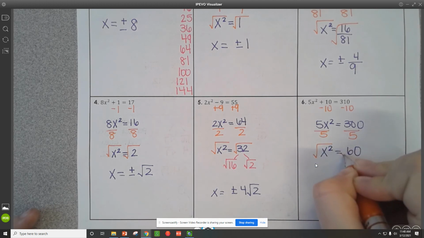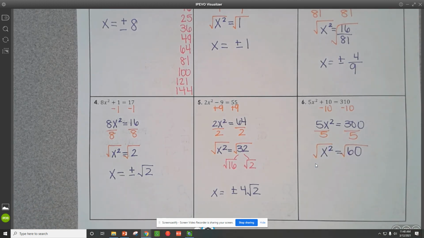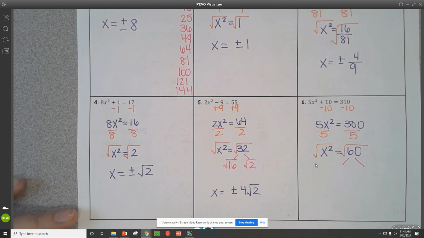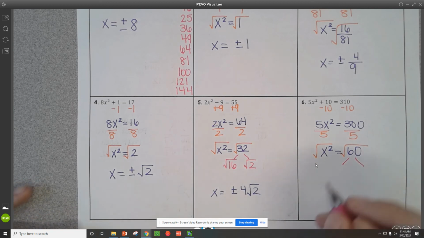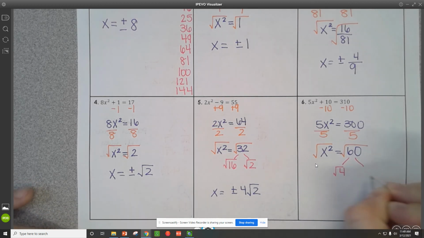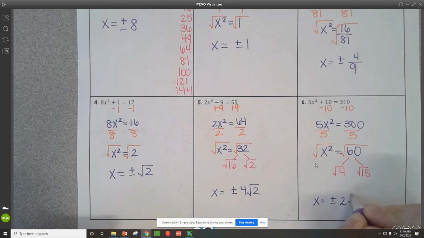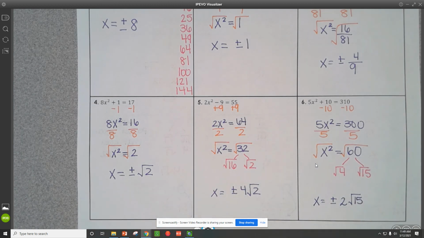And then we take the square root. 60 is not a perfect square, so we have to split it up. We want the largest perfect square that goes into 60. And this one is actually 4. 4 times 15 is 60. So x equals plus or minus, square root of 4 is 2, radical 15.